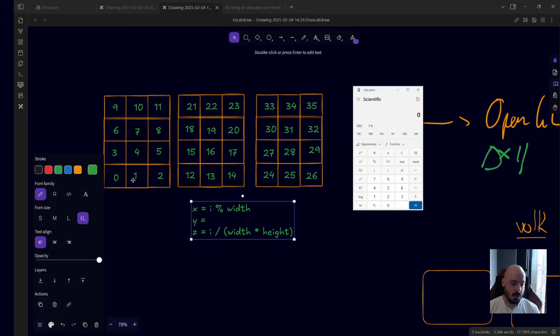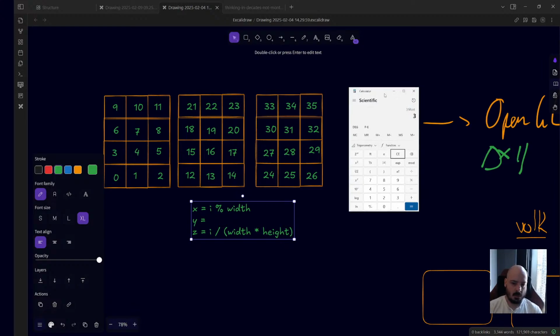Okay, let's work this out a different way instead of just randomly guessing. So if we go across from 0, 1, and then 2, and then we go up to the third one, we know that 3 mod 3 is going to be 0, and then 6 mod 3 is going to be 0.